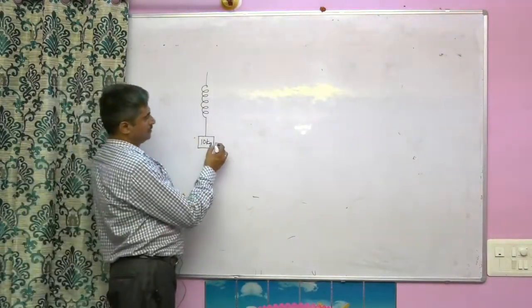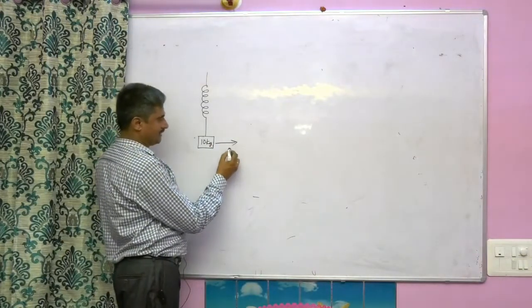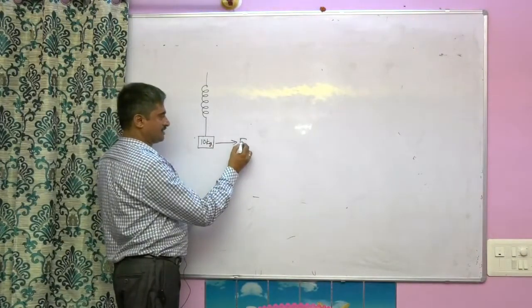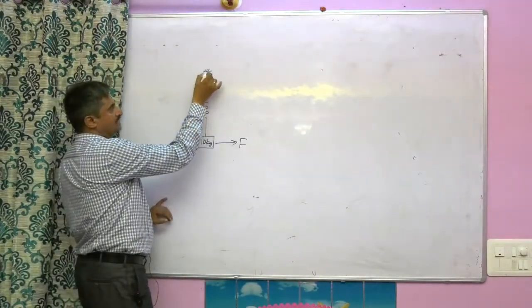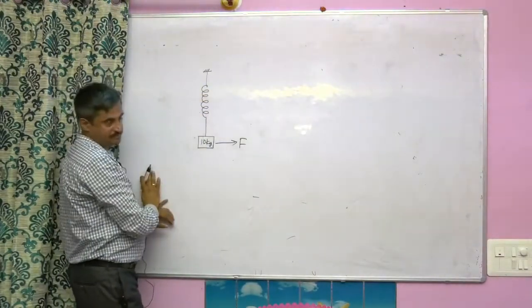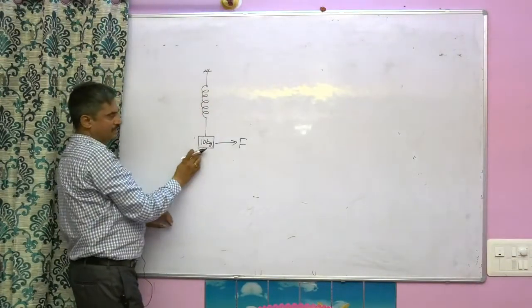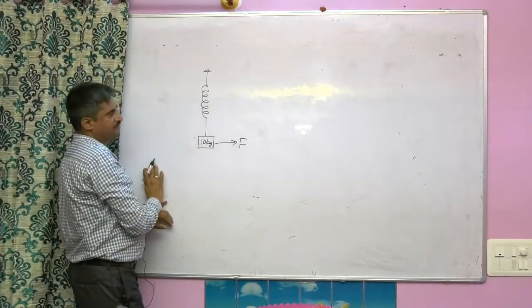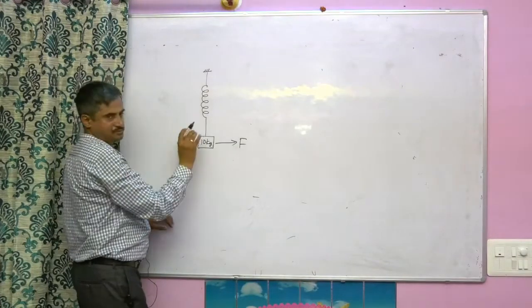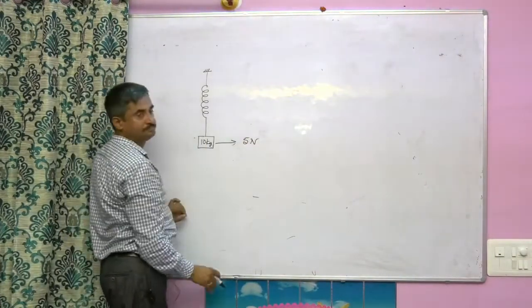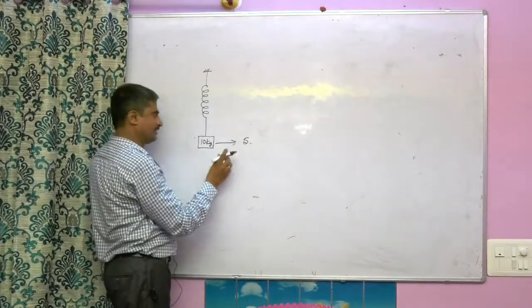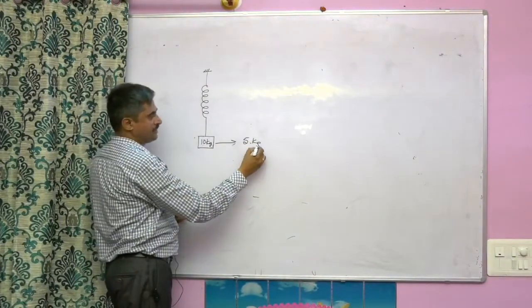Now some horizontal force F is applied here. Then what is the reading of the spring balance? If the spring balance is vertical, it reads 10 kg. If it is acted on by some force F, say 5 Newton force, or in terms of 10, it is 5 kg weight force.